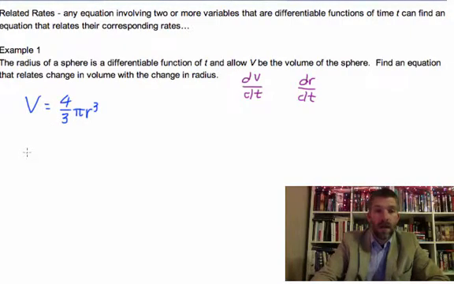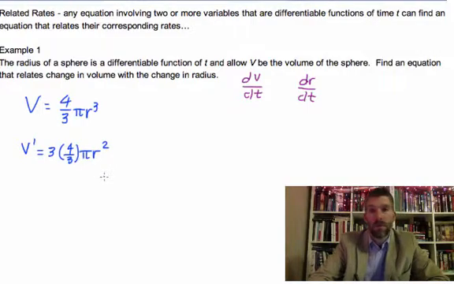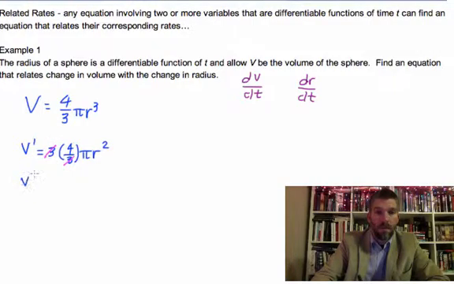When we do this, we have V prime equals 3 times 4/3 pi r squared. That's your derivative. Clean this up. You'll notice that the 3's divide out, and I'm left with V prime equals 4 pi r squared.